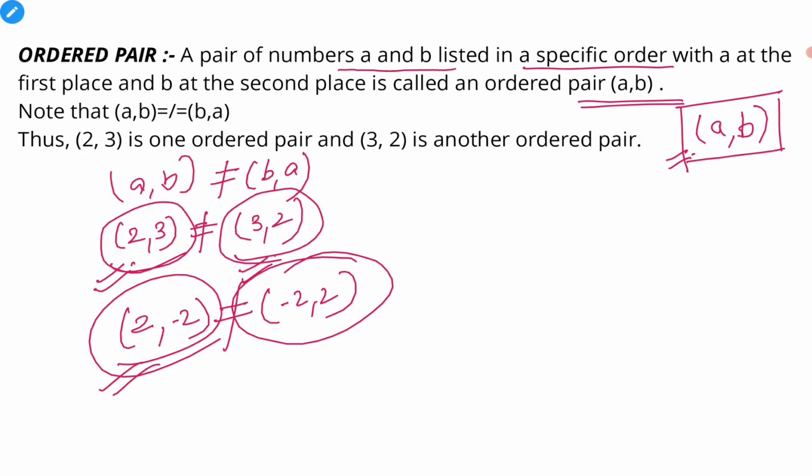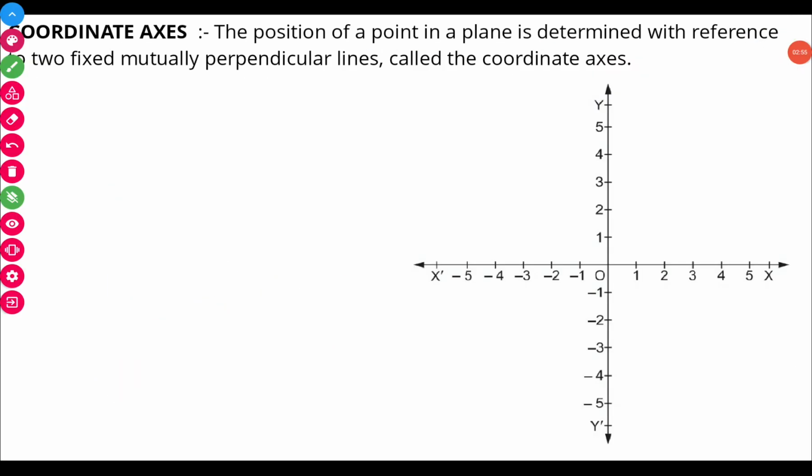They cannot be equal. They are two different things, giving two different points. They are locating two different things on your graph paper. We will see it further.